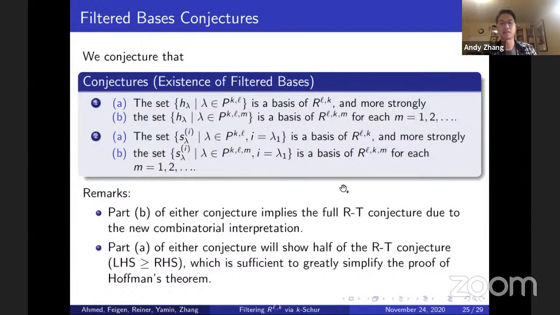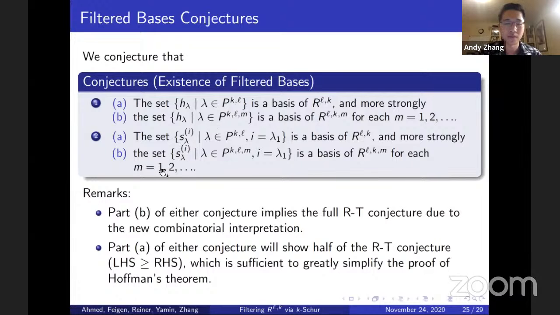So to fix this, it's necessary to look at some other set of bases with the index sets PKL and PKLM. So the first basis we're looking at is the complete symmetric function basis. This enjoys the property that if you start with an m-bounded partition lambda, H lambda will be inside the subalgebra RLKM.